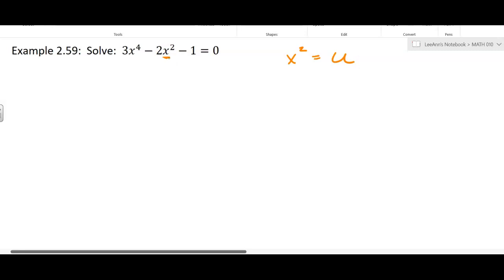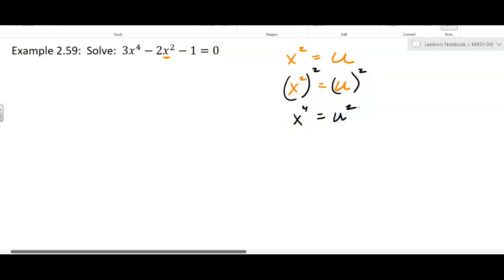A lot of times students ask, how do I know what to substitute the u for? It's got to be that middle term, if it's in the standard form, and they usually are. So if I took my x squared equals u, and I squared both sides, x to the 4th equals u squared.